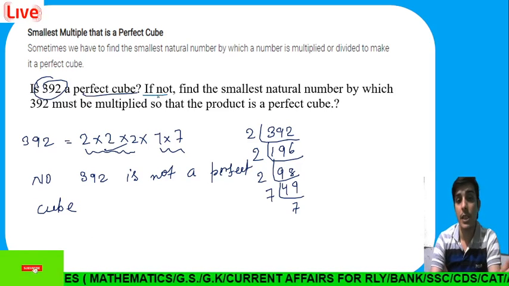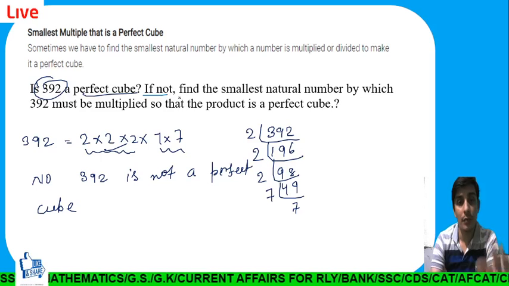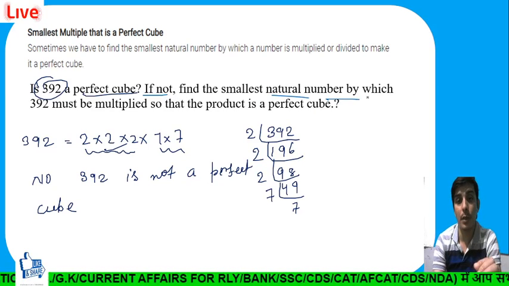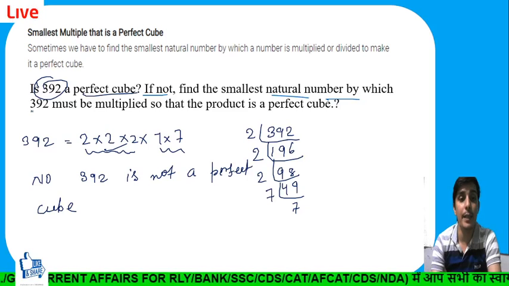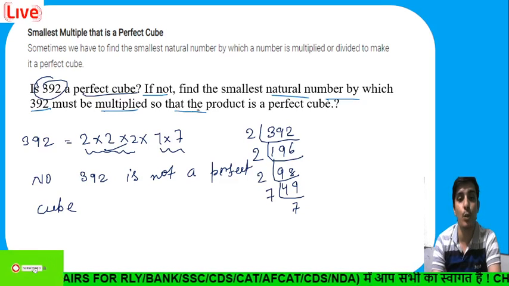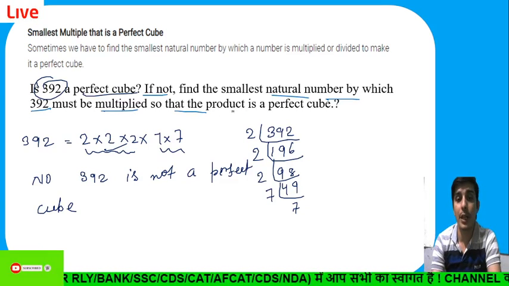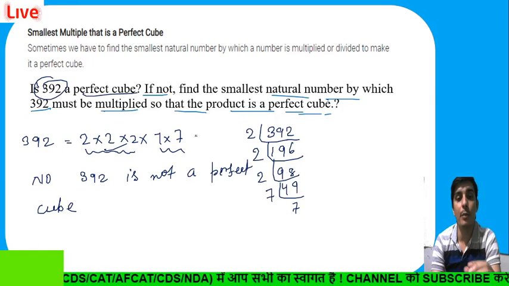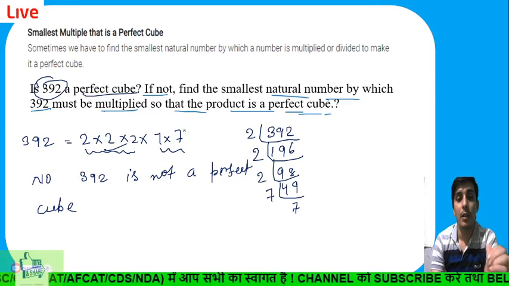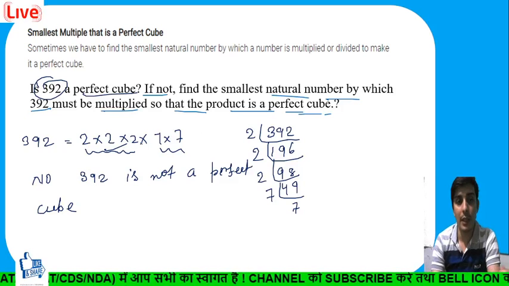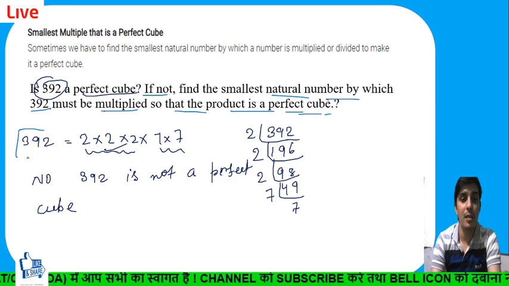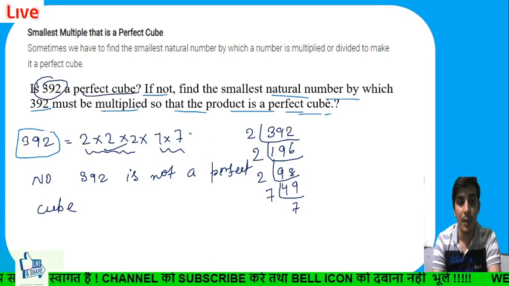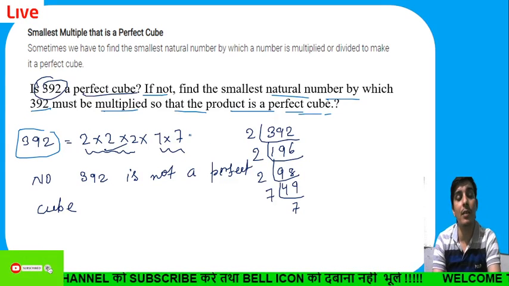And another question is given: if not, find the smallest natural number by which 392 must be multiplied so the product is a perfect cube. So how can you multiply? It will be 7 raised to the power 3. Then after multiplying by 7, how can we convert 7 to appear 3 times?